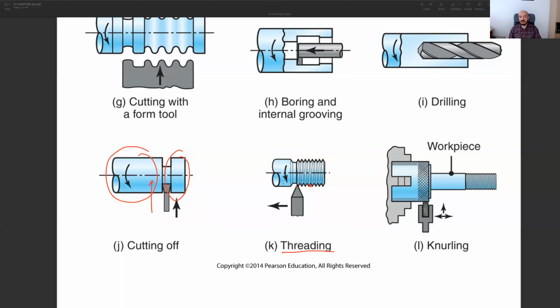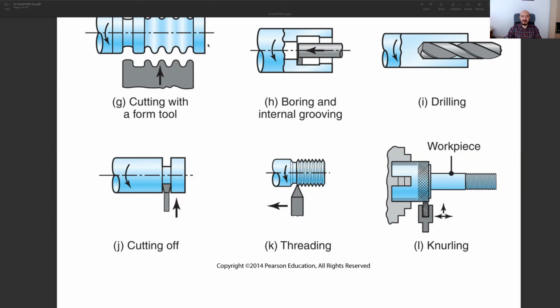But the thing is that we should have a proper relation between the rotational speed and the translational speed of this, or the feed of our cutting tool. If this ratio is not fixed, then you will not have proper threads on your workpiece. So these are all for the machining processes.